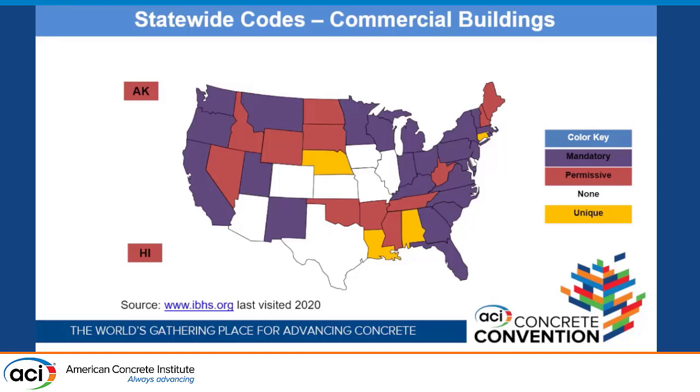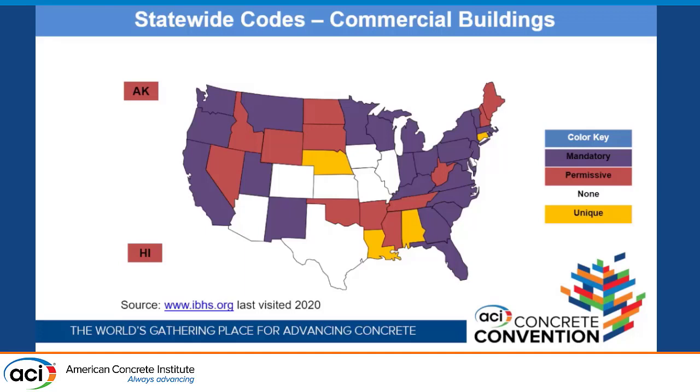This color key shows where the purple is a statewide mandatory code based on a model code. The red has a statewide code that is permissive, so a jurisdiction within that state can either choose to adopt it or not.